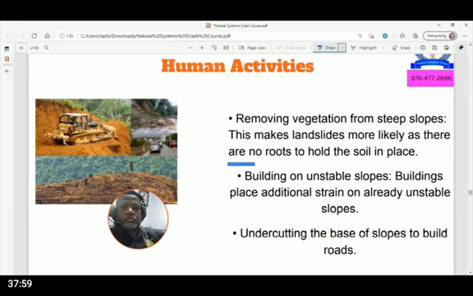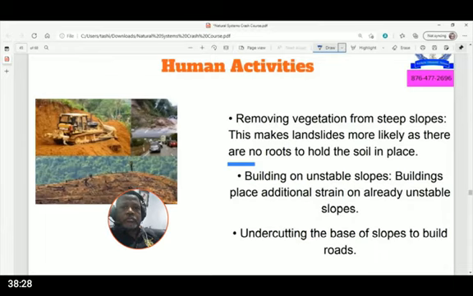So we build on unstable slopes, and because we build on unstable slopes, we put additional strain on the slope itself. So when we put that additional strain on the slope itself, it causes the slope to now fail. It causes it to actually fall down.